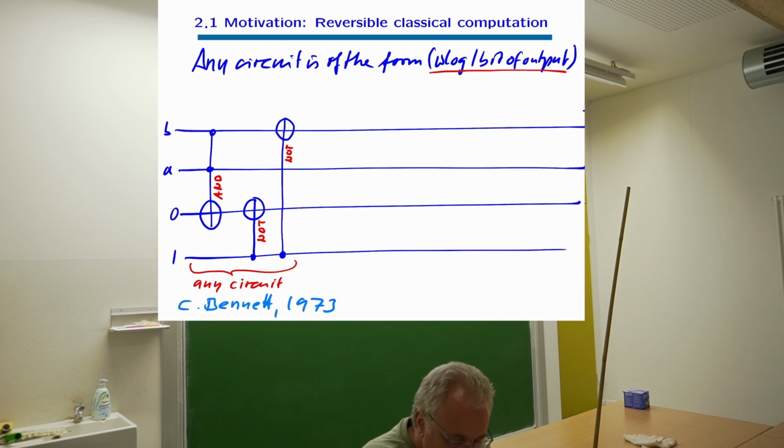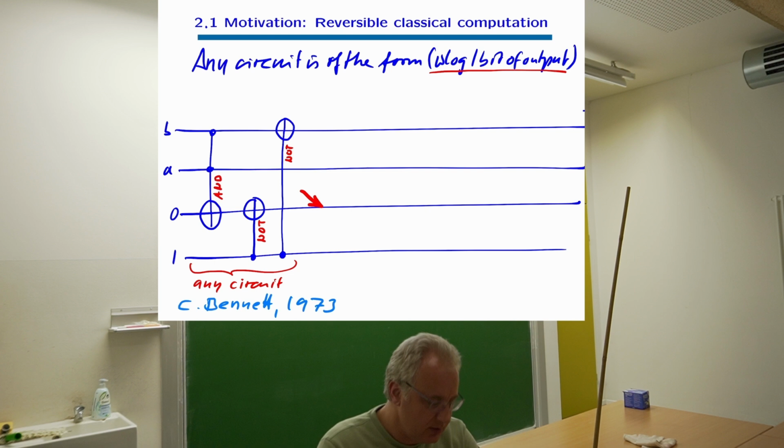Without loss of generality, let us look at a circuit that produces 1 bit of output. Say it is produced here. So let's say that this is the bit of output that we really care about.